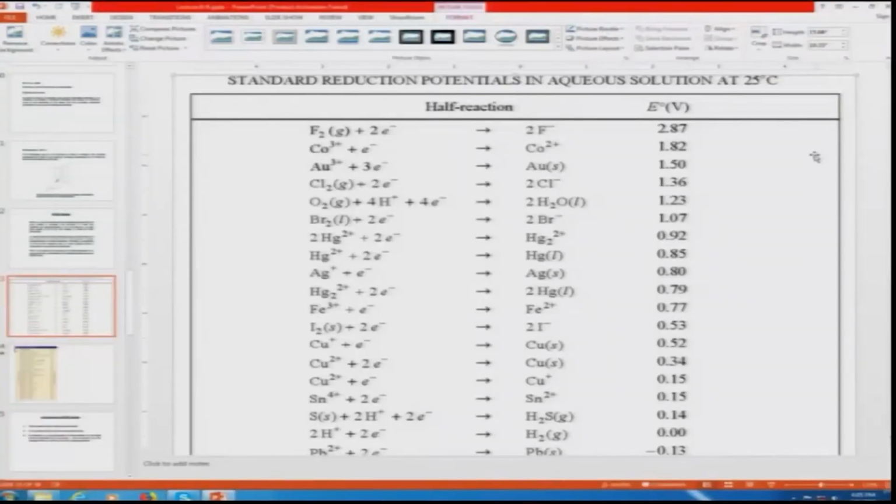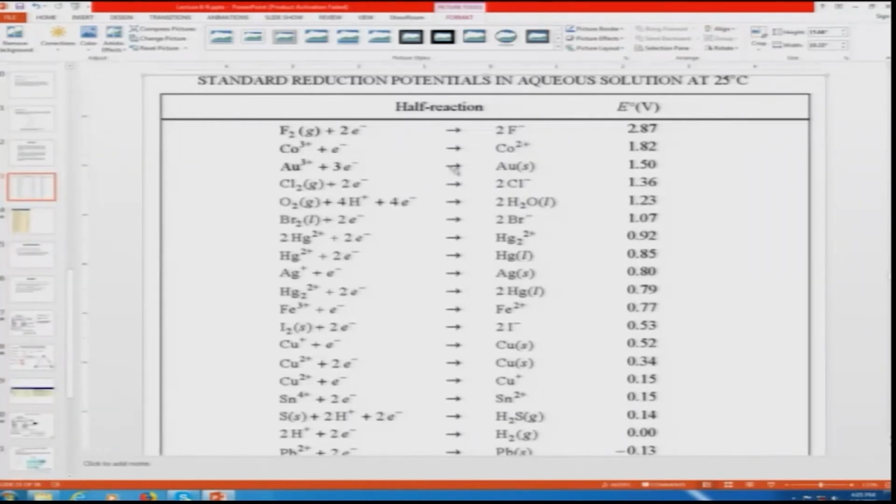Now, let us look at one of the series. This is the standard reduction potential series for metals as well as pure elements.